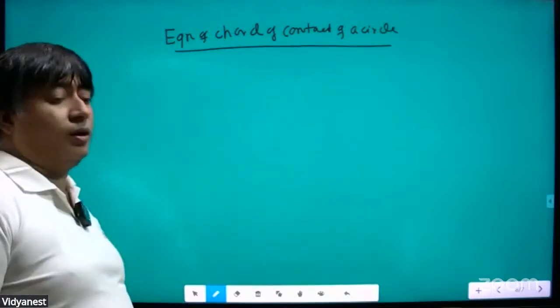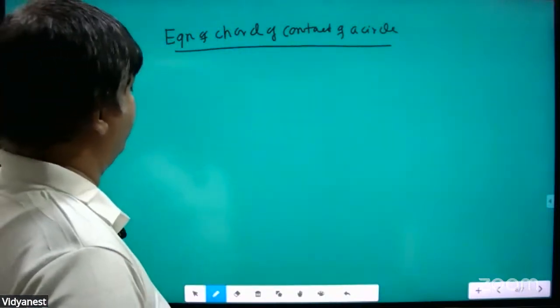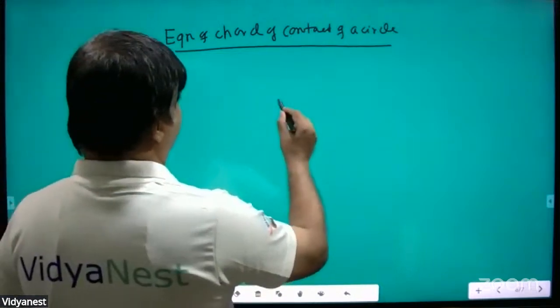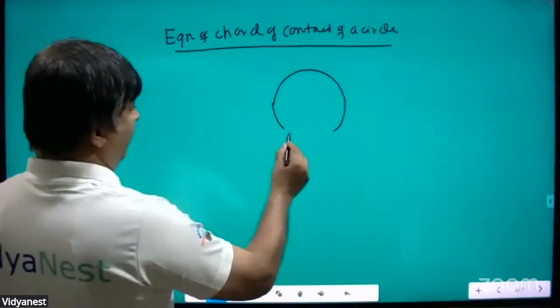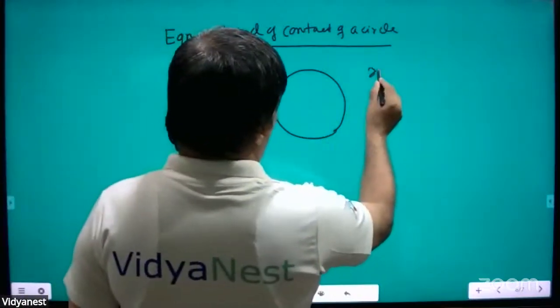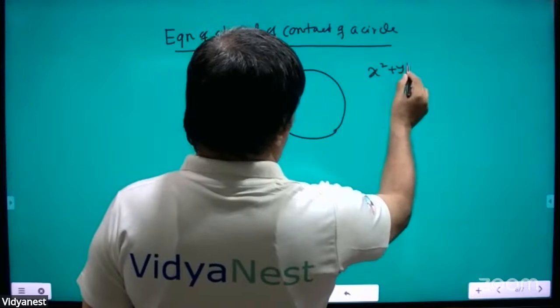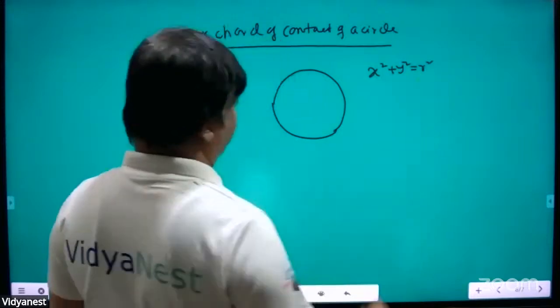What is called chord of contact? Suppose one circle is provided whose equation is x square plus y square is equal to r square.